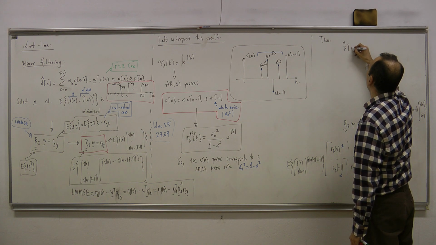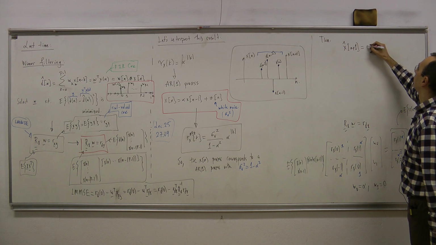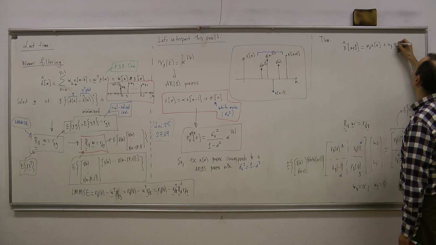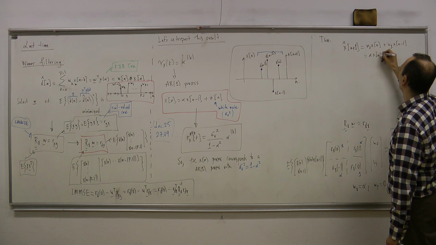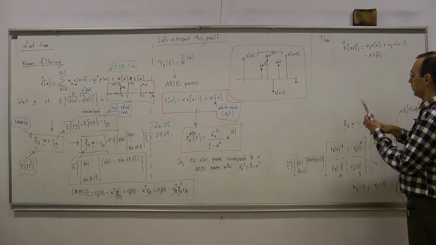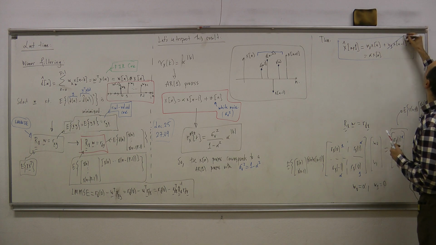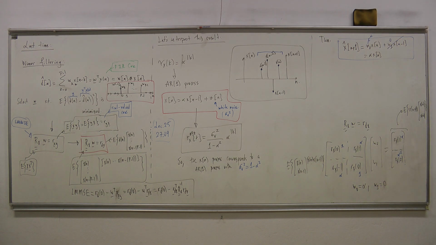Then this Wiener filtering: x of n plus 1 is equal to w0 times x of n plus w1 times x of n minus 1, which is equal to alpha times x of n. Because w1 is equal to 0, w0 is equal to alpha from this result.